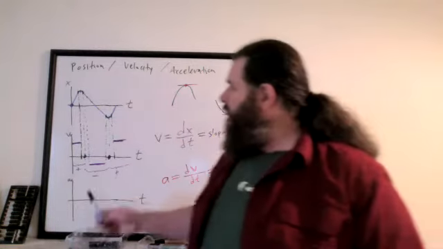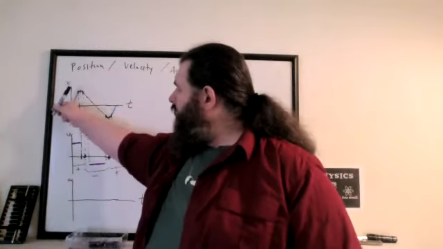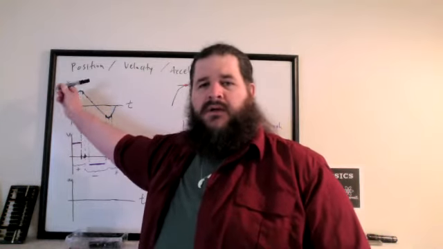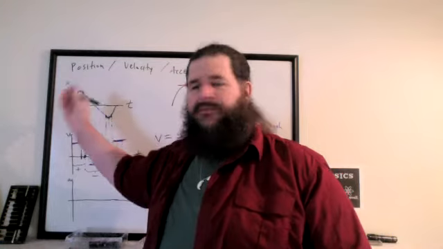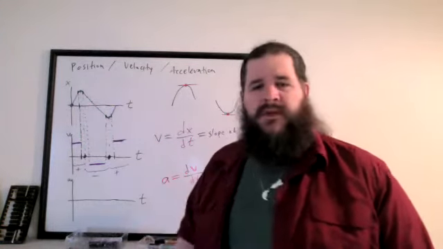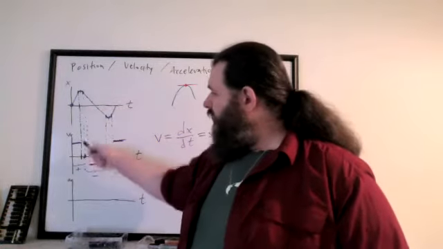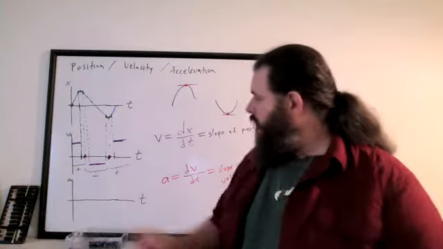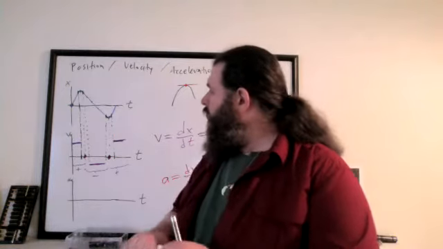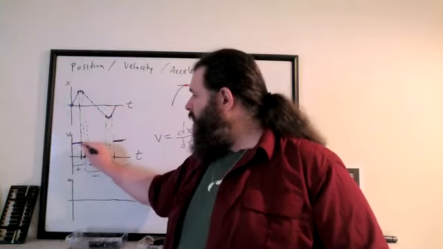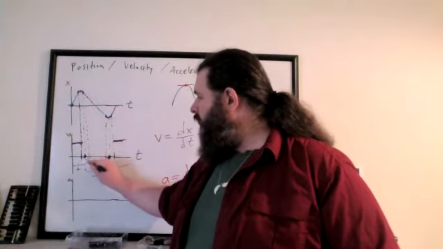But in between, this curvature means that the position graph is gradually changing from a positive slope, looping around to a negative slope. And then from a negative slope, curving around to a positive slope. That curvature means the velocity is gradually changing from one value to another. So in the in-between regions, we know during this short period of time, the velocity has to change from this positive value to 0 to this negative value.